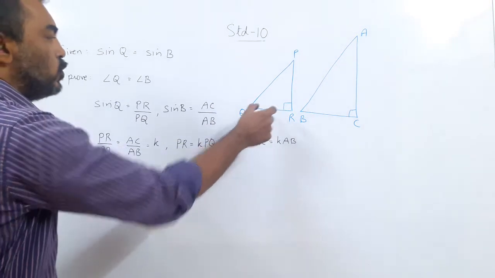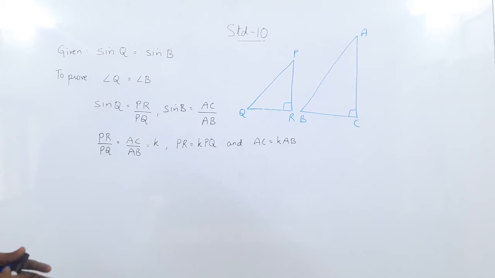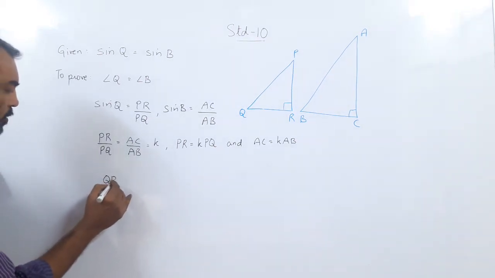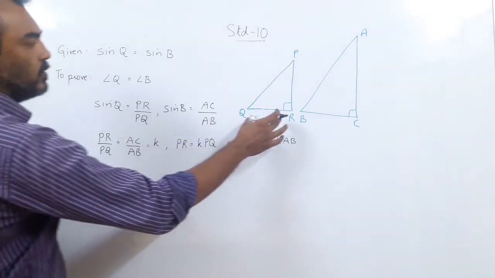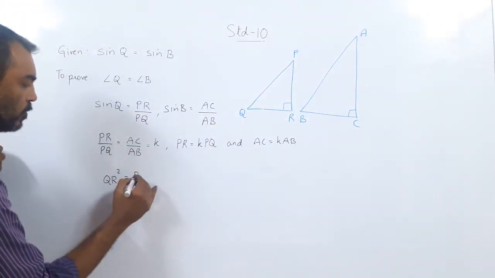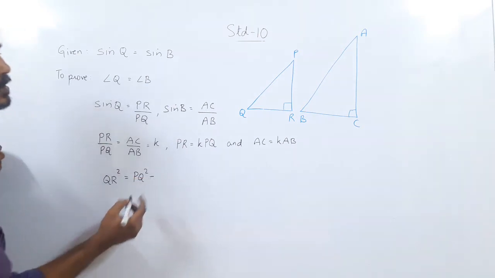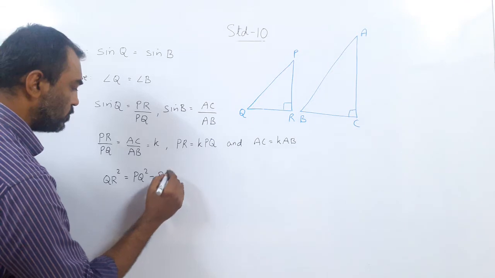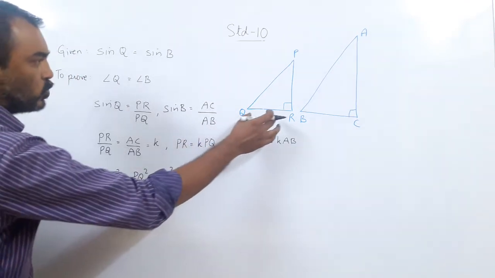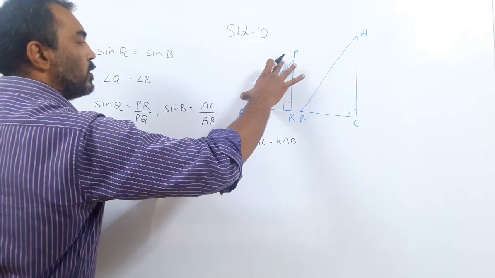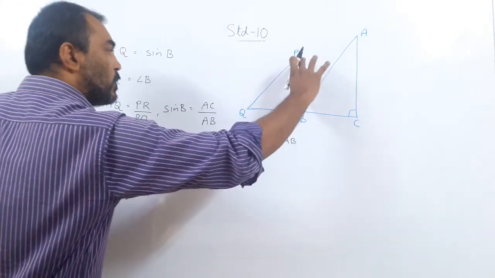Anyway, now we got PR and PQ. How do we find QR? So we will use Pythagoras theorem. QR square is the smaller side, so it is hypotenuse square minus this. So I should get PQ square minus PR square. Right? QR square plus PR square is PQ square, so QR square is PQ square minus PR square.